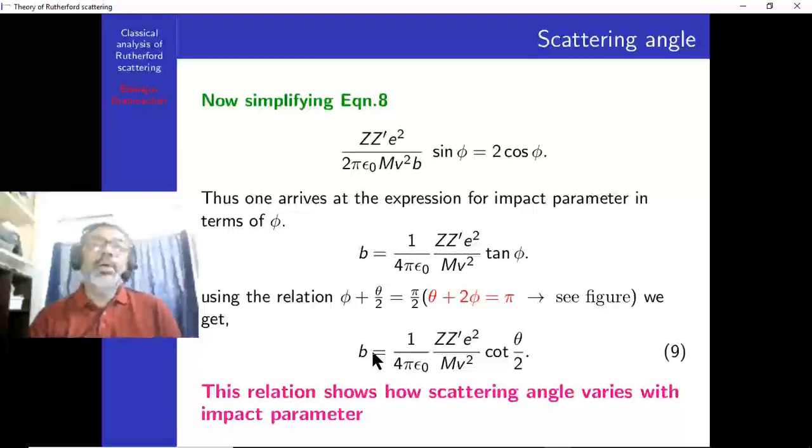And also there is no single target nucleus. We have a foil, a gold foil or a silver foil. So for a realistic experiment, we have to do some appropriate modifications to this equation. This is the relation between b and theta.